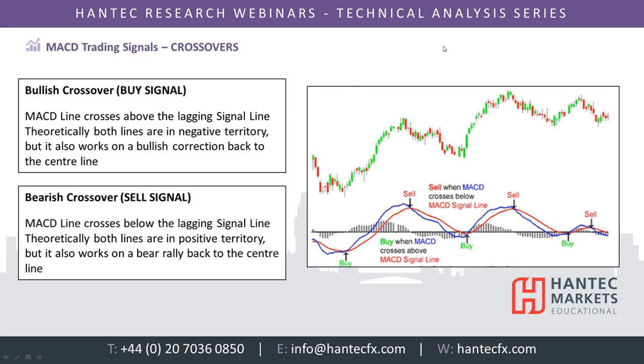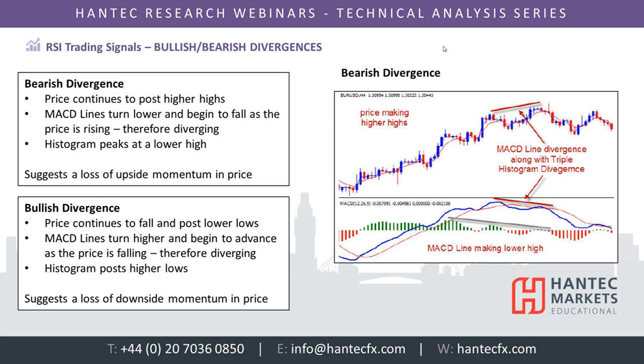The second trading signal, basically I'm going to go through the theory first and then show you on a chart of the euro. The second trading signal is the divergence. You get both bullish and bearish divergences, as you do with the RSI indicator. On the MACD lines, a bearish divergence is when your price continues to pull higher, whilst the MACD lines have already topped out and are starting to fall.